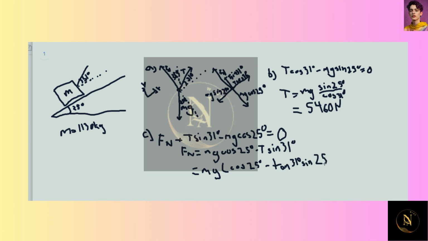And again, we now have an expression where we know all the values, so all we have to do is plug those in and round off appropriately, and I get that the normal force of the ramp pushing back up on the car is 7,220 newtons.